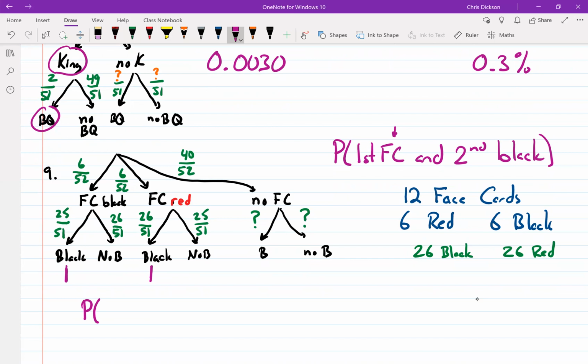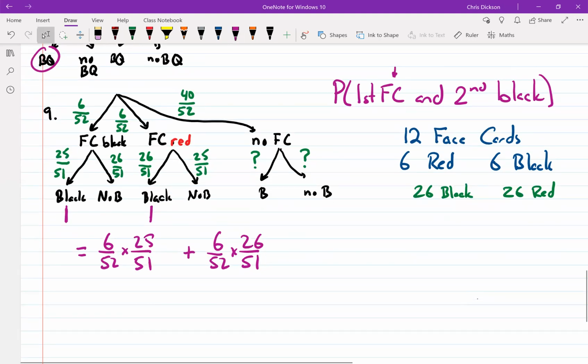So the probability, I actually rewrote that already up there, so let's just write it equals. We would have 6 out of 52 multiplied by 25 out of 51. And we add that to the other branch, which would be 6 out of 52 multiplied by 26 out of 51. Okay, so they all have the same denominator. So let's just use our calculator here. 52 times 51 is 2,652.